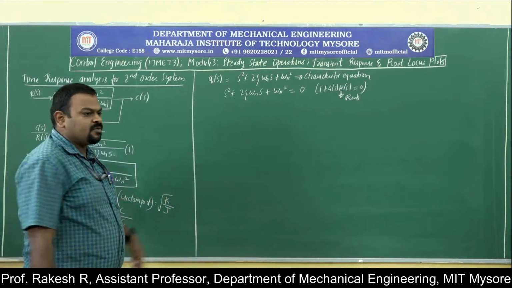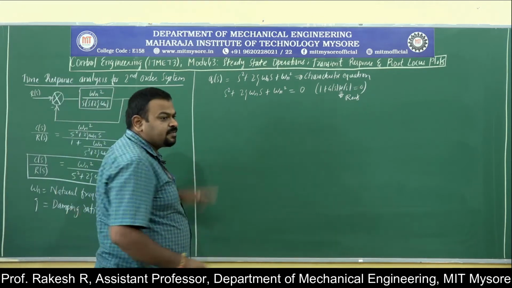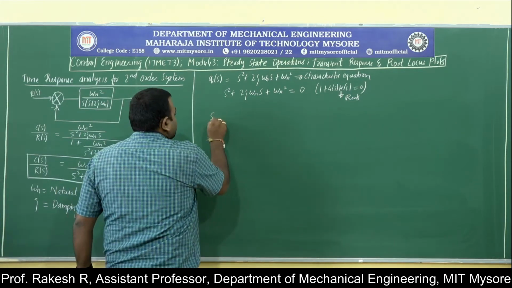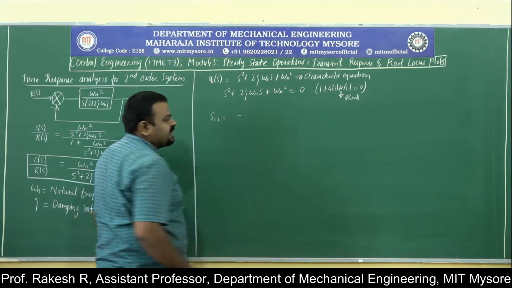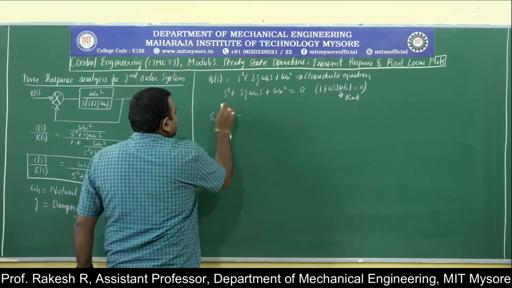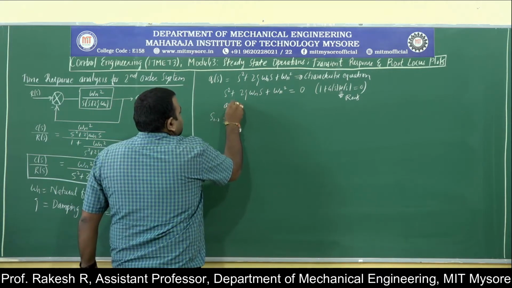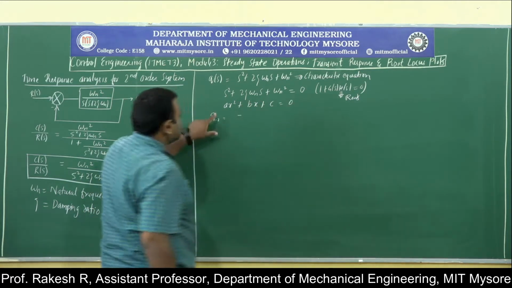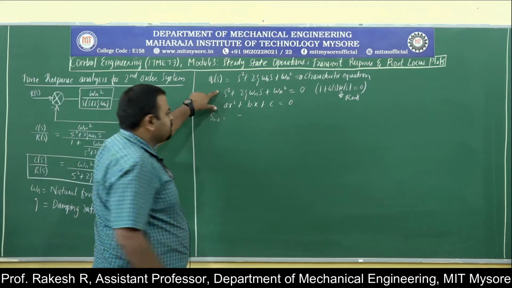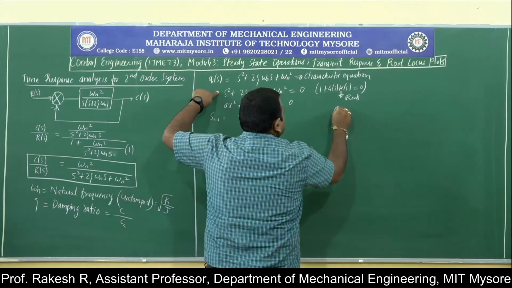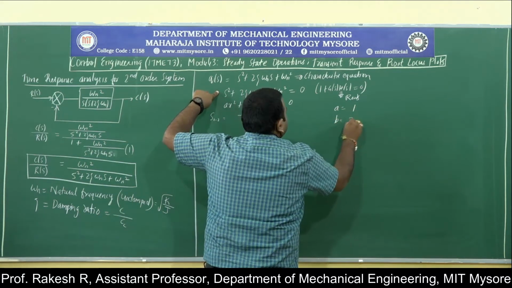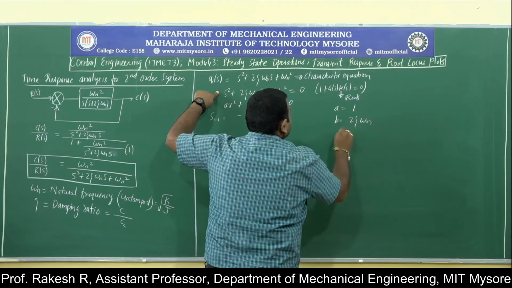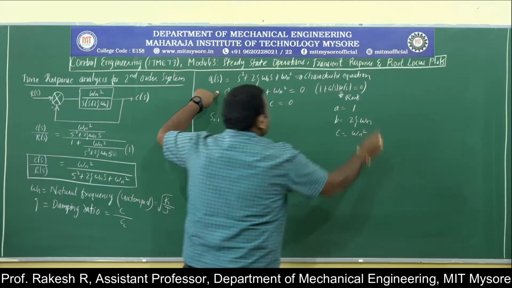If we solve this quadratic equation according to Sridhar's method, S1,2 will be equal to minus b. This is in the form of ax square plus bx plus c equal to 0. Here a is 1, b is 2 zeta omega n, c is omega n square.